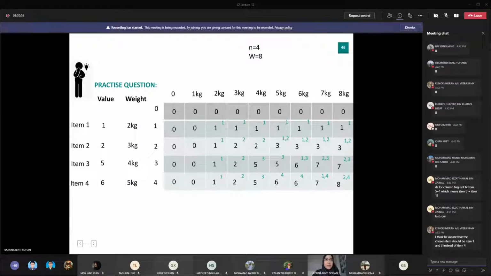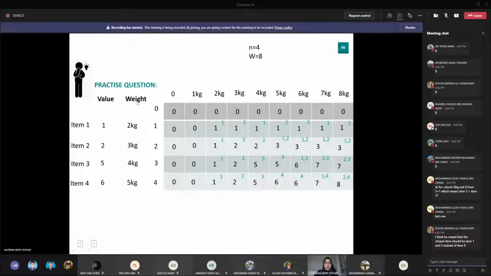I think he meant that the chosen items should be item 1 and 3 instead of item 4. Yes, I understand. But in this case it cannot, because we have to take the heaviest item. Right now at weight 6, we can take any of these items.